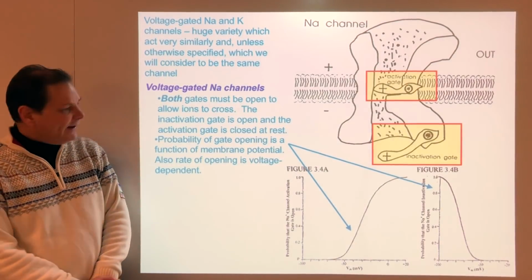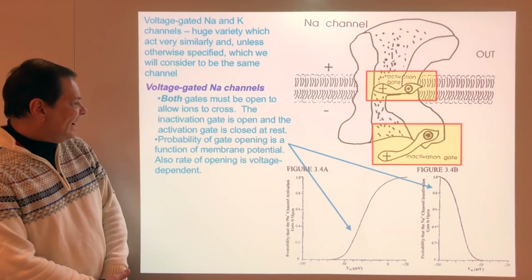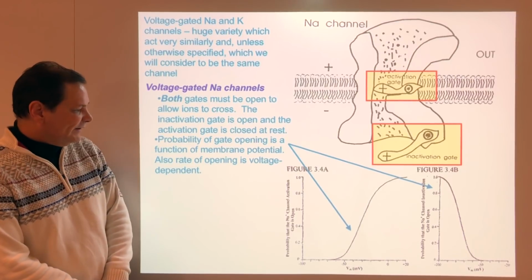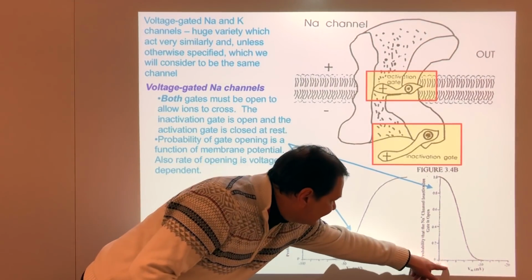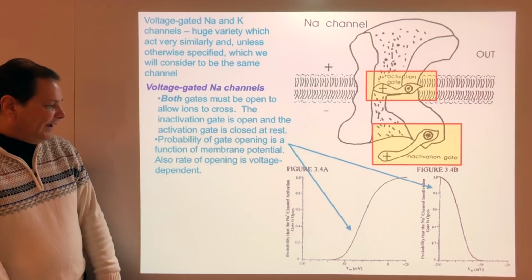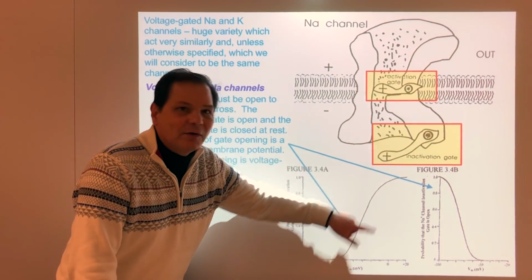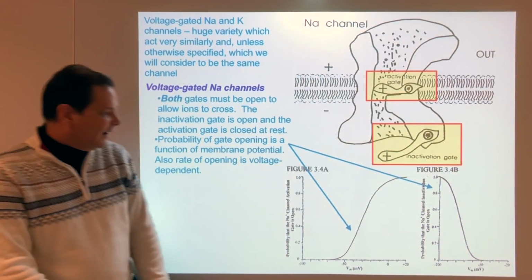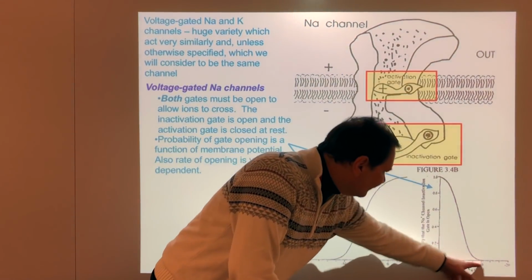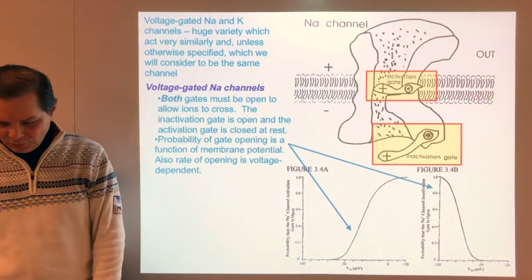So I just said that. This is the probability of gate opening, and you will note that it is a function of membrane voltage. That's what's on the x-axis here. And for the activation gate, the higher the voltage goes, the more likely it is to open. For the inactivation gate, the higher the voltage goes, the more likely it is to close.